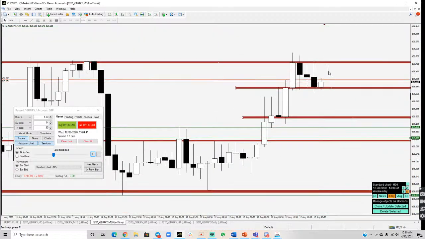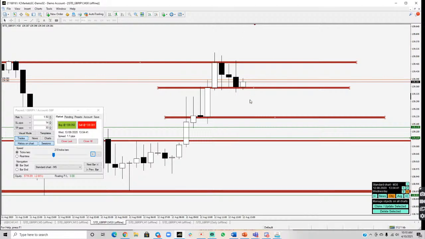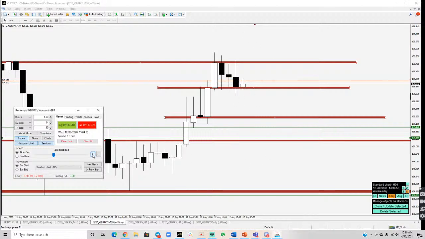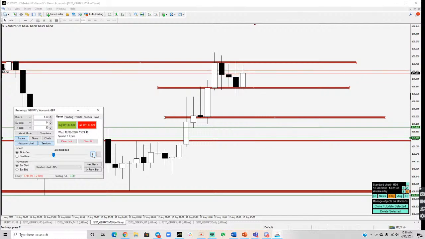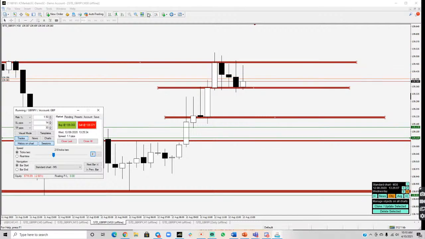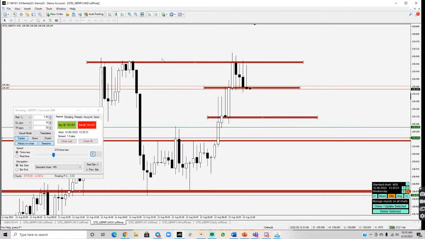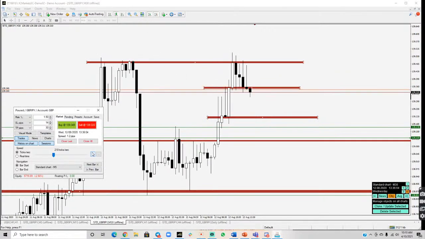Yeah, so let's see if we will actually break support or break above resistance. Because if we close above here, it makes sense for the market to continue to push up.